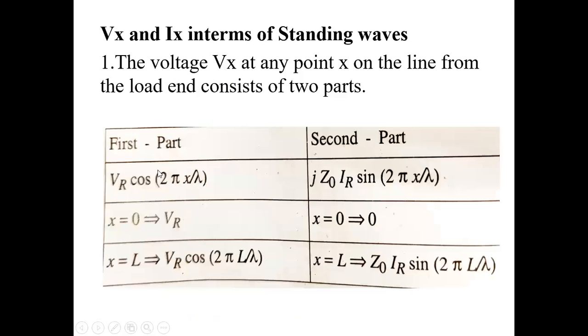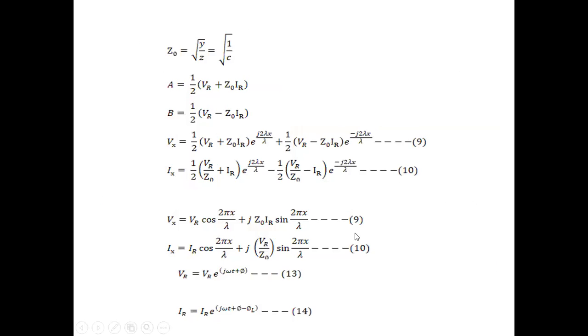Now, these two expressions can be shown in a waveform. For this, we can take equations 9 and 10. If you take equation 9, this is the first part and this is the second part. Similarly, this is the first part of the second equation and this is its second part.